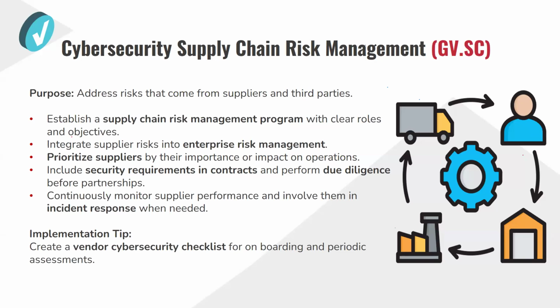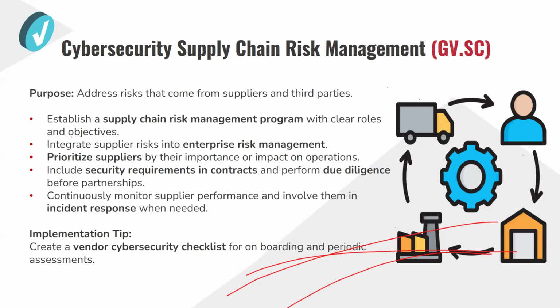So we just have to quickly rush through the rest of the things, given our time and all the distractions. As I said, you list your suppliers, you prioritize them, and then you include security requirements to perform due diligence. Before you partner with anyone, you make sure you check that they have cybersecurity measures in place. After that, you do continuous monitoring.